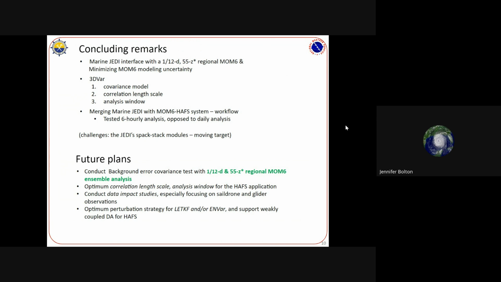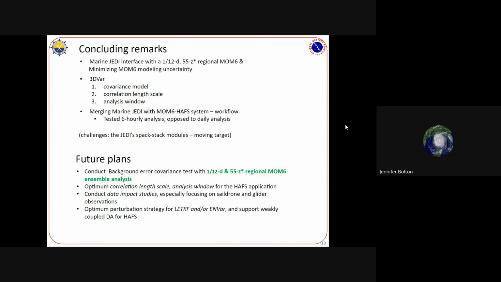As for 3D in the Marine JEDI, we have to choose the best covariance model. We are working with the correlation length scale, not only horizontal but also vertical, to better use the value of the ADT in a comprehensive approach.